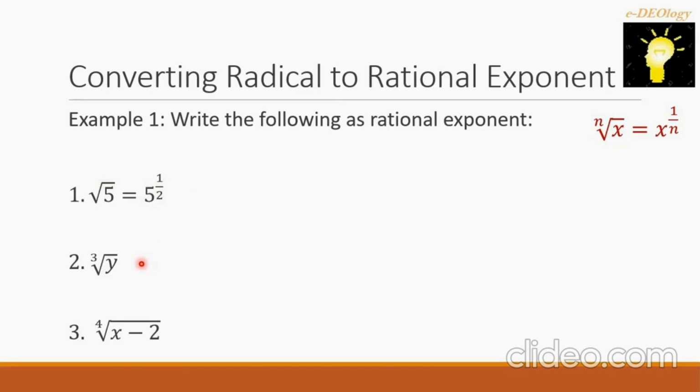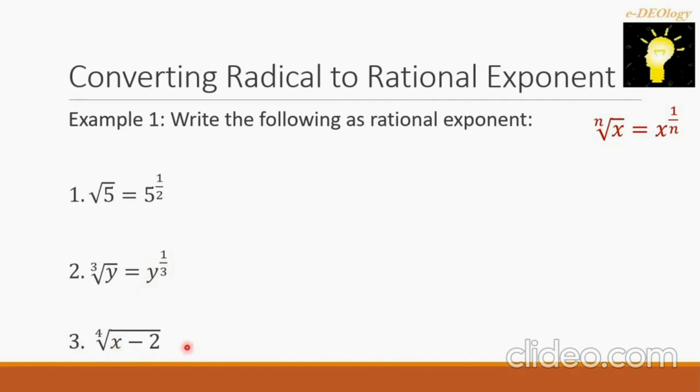Second example, the cube root of y becomes y raised to 1 over 3. Again, we see the index 3 there becomes the denominator of the fractional exponent. Again, our final answer, y raised to 1 over 3. Third example, the fourth root of the quantity x minus 2.